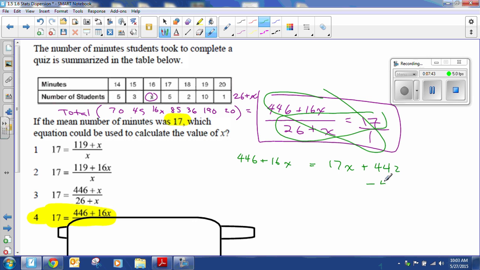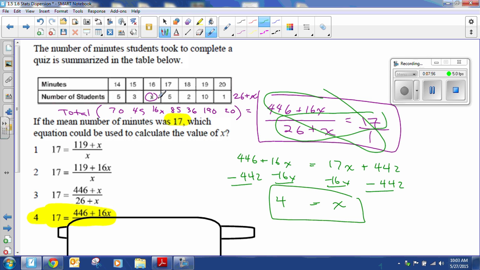We're going to solve this multi-step equation. And x equals 4. And there were 4 students that took 16 minutes to finish the quiz.